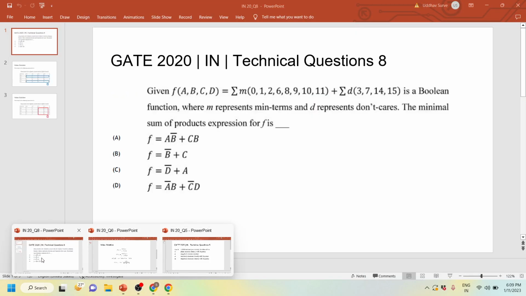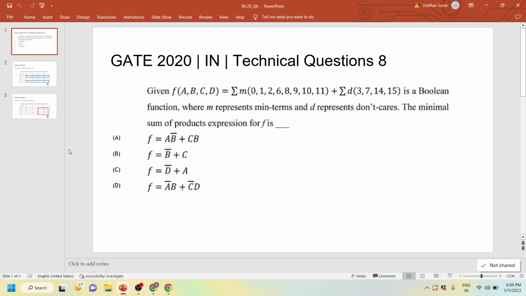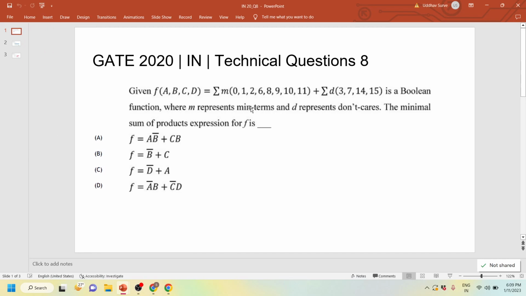Again, this is a pretty much standard question in digital electronics, from GATE 2020 instrumentation, a concept common to both electrical and instrumentation. So technical question 8. Given a function F of A B C D, it is a summation of min terms: 0, 1, 2, 6, 8, 9, 10, 11 and don't cares 3, 7, 14, 15.